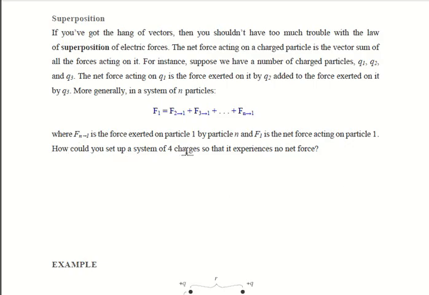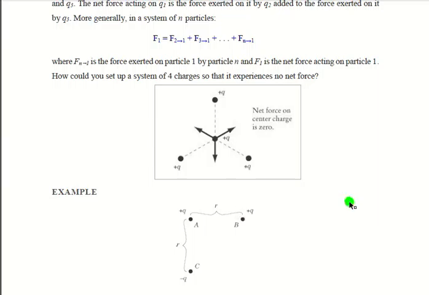Let's say we have 4 charges, all the same size. They can be all the same sign if you want to. How could you set those charges up so that some Q1 would experience no net force? If we arrange our charged particles with one in the center and the others forming a triangle around it, the center one would actually experience no net force.